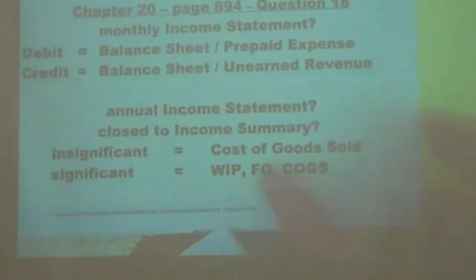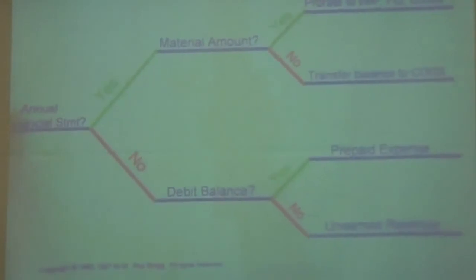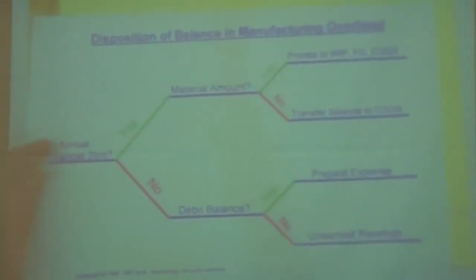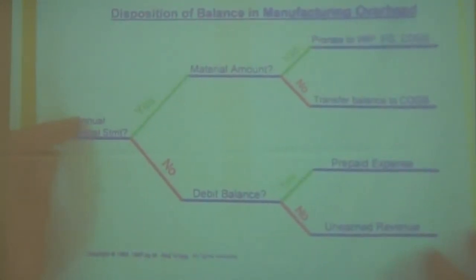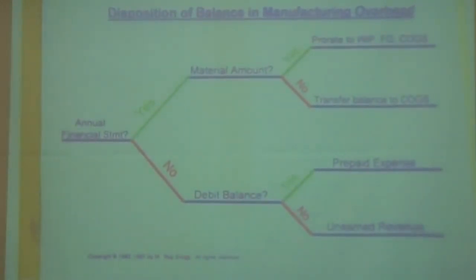What do you do with manufacturing overhead monthly? Well, on a monthly basis, we carry it over by putting it on the balance sheet. When we put it on the balance sheet, it goes among the assets or the liabilities depending on its balance. That little half-sheet handout that I gestured with reaches these conclusions.